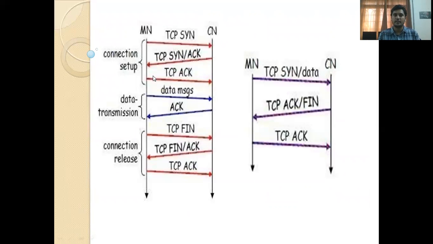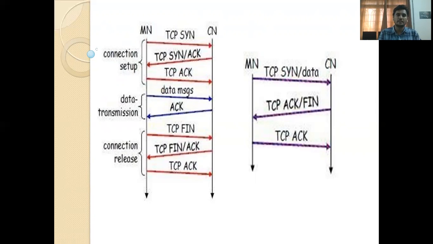In this three-way handshake, the mobile node and the correspondent: if you want to communicate, first send a request. If it is accepted, an acknowledgement comes back, then it sends the data message, and another acknowledgement. So for setting up the connection, it sends a request, the acknowledgement is back, and then it establishes the connection.